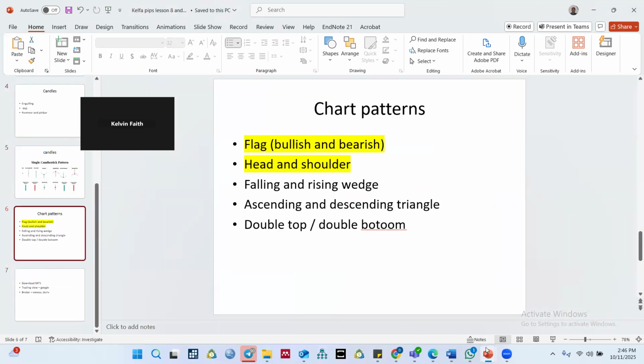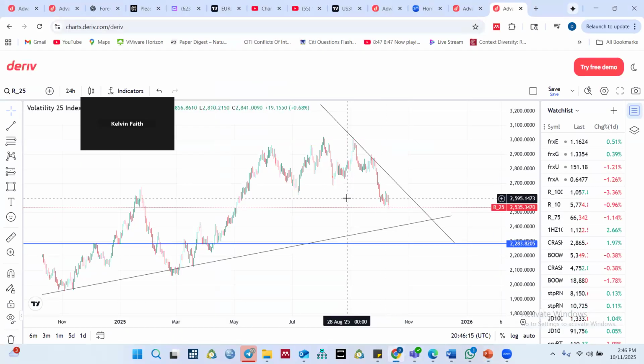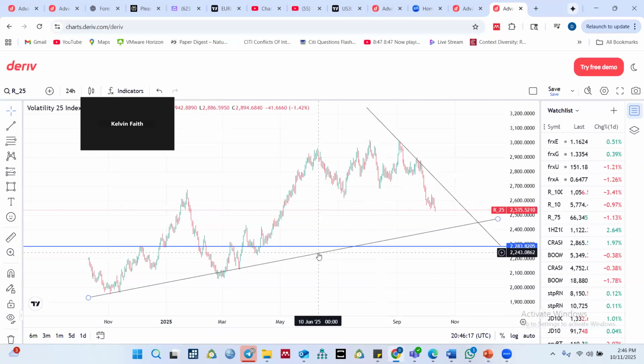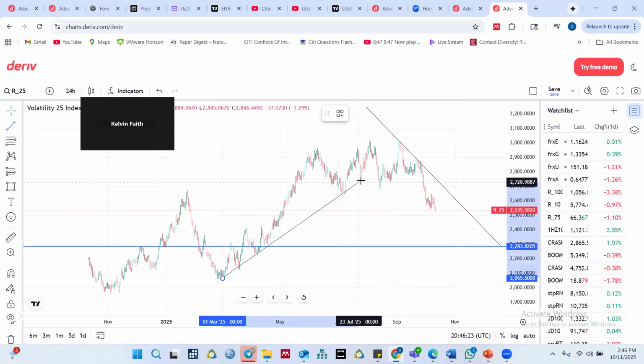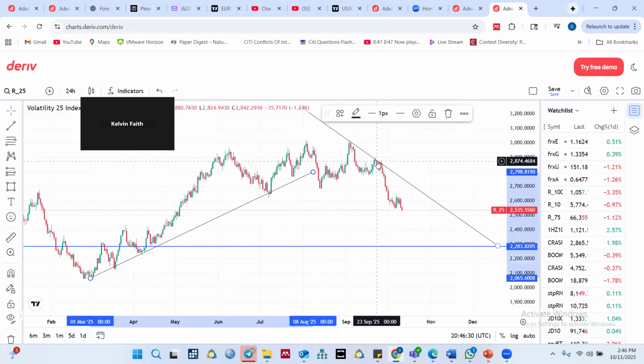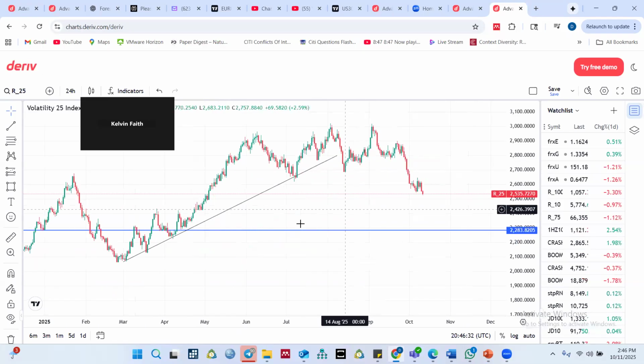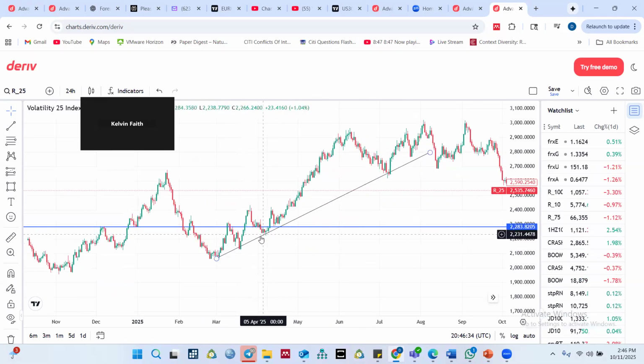So let's look at a real example of when a trend line had broken. Now, let me use these lows here and draw it up. Do we have multiple touches on this trend line here? Yes.